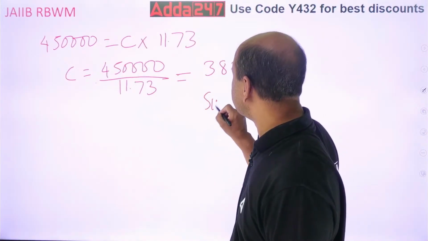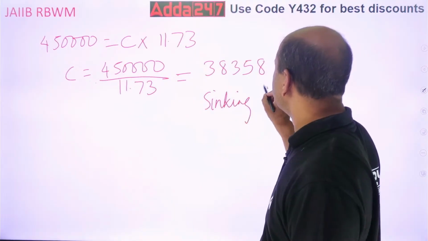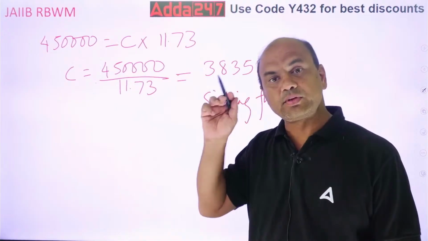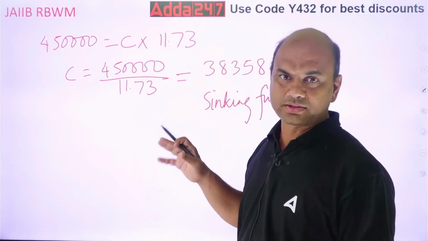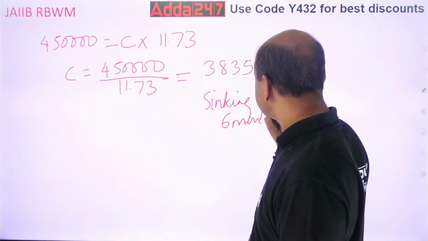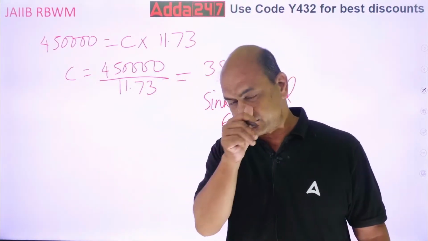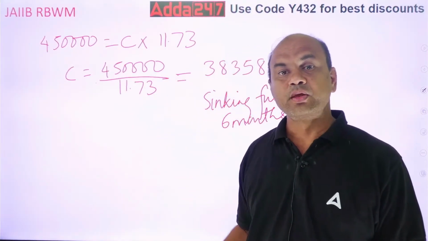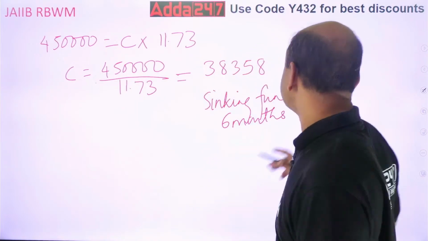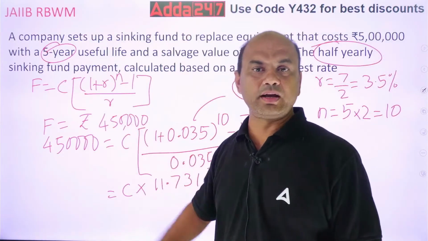I'll have to keep it separate, so that at the end of the period, after 5 years, every 6 months I am keeping this separate, you should be able to have that amount 4,50,000. This amount is required at the end.